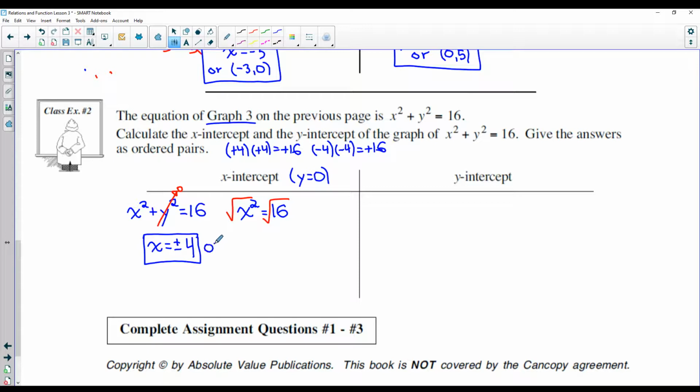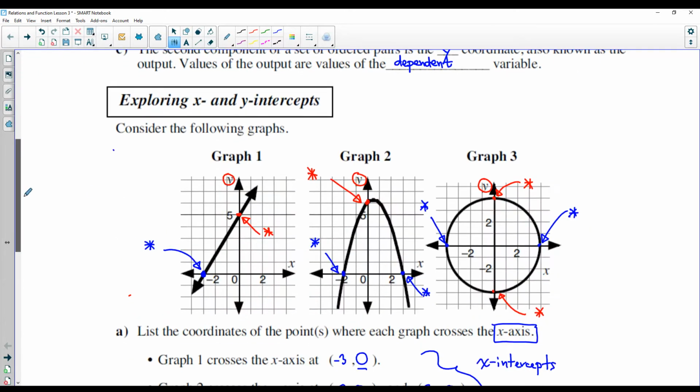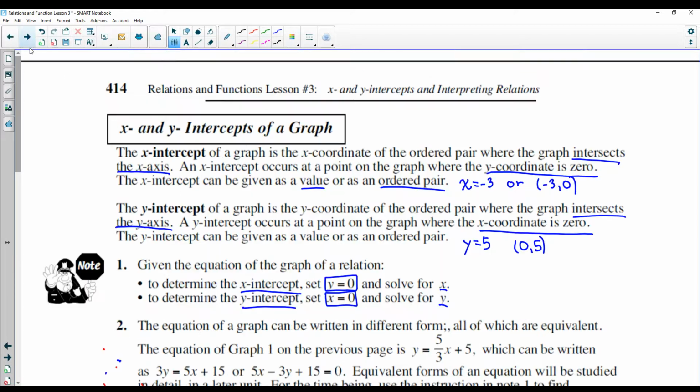You could also write this down as ordered pairs: negative 4, 0 and 4, 0. And if we go back to the previous slide, we can confirm that. On the previous page, we can see we have our x-intercepts, the blue ones here at negative 4 and positive 4. So algebraically, we confirmed it.